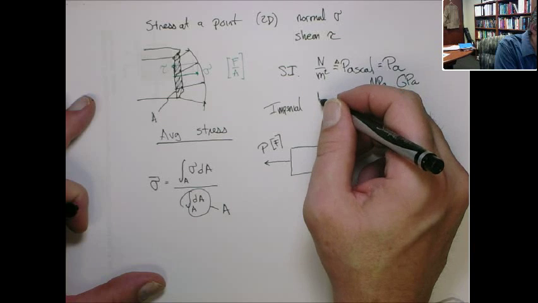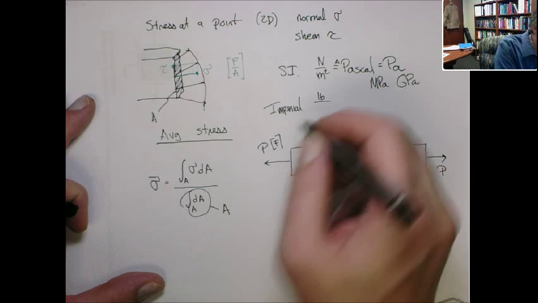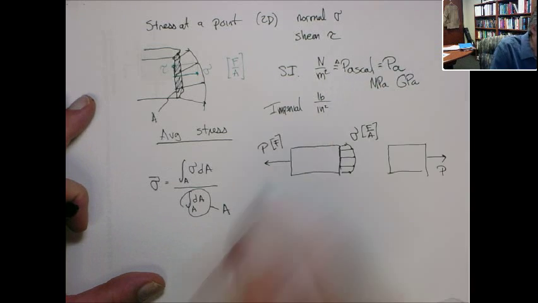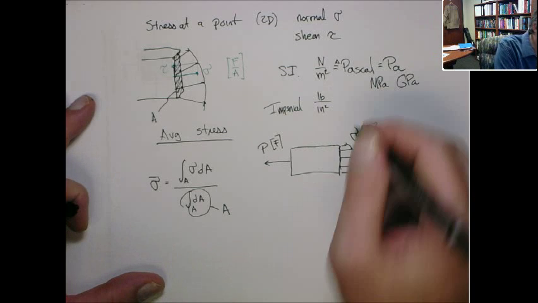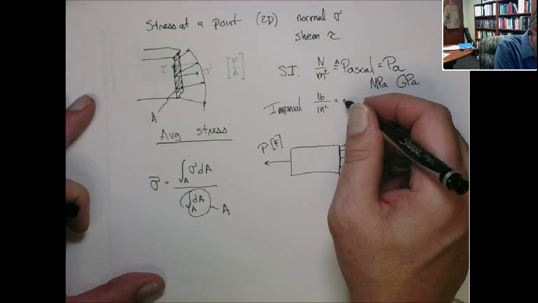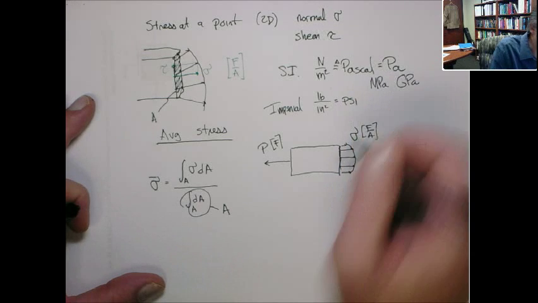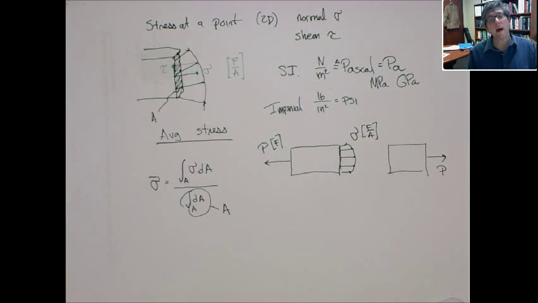In English units, or imperial units, the basic unit of force is a pound, and the unit of area is an inch squared. This is called pound per square inch, or PSI. Now, a pound per square inch is a lot more than a pascal, on the order of 7,000 pascals per PSI, because you're talking about 1 pound on an inch squared instead of a meter squared, so it's a much smaller area.